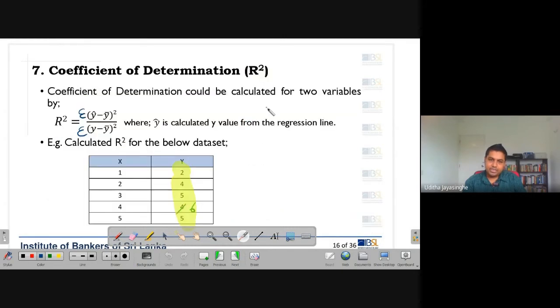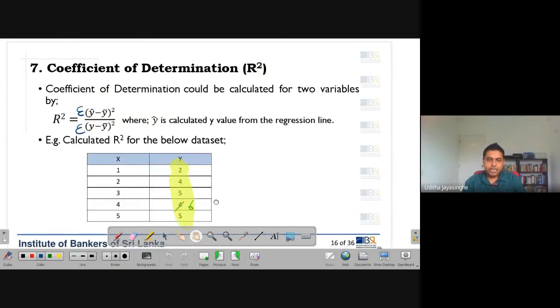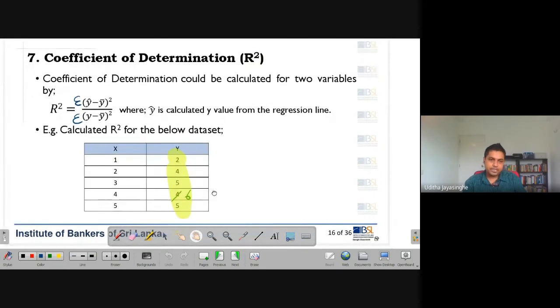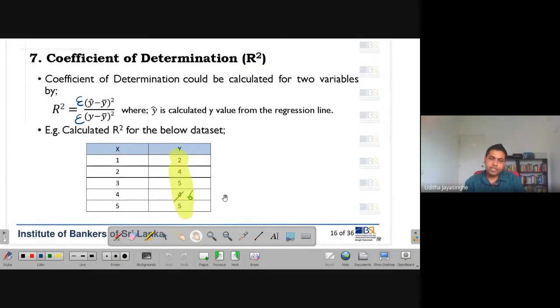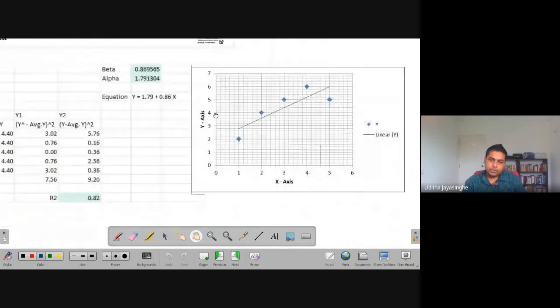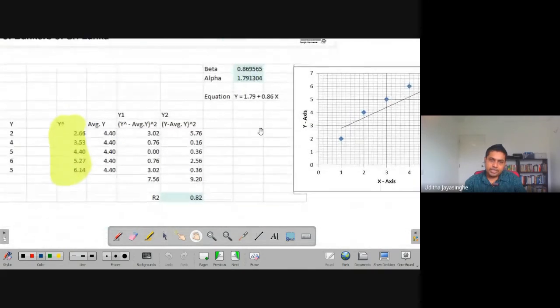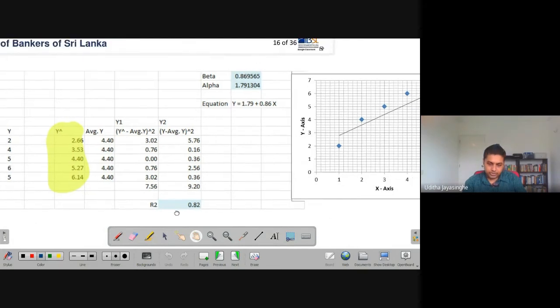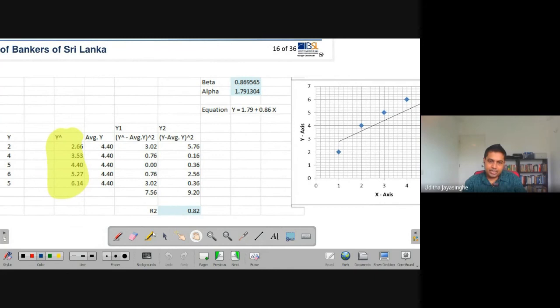But for completion's sake, I just want to show you how to calculate r square for simple linear, two variables, x and y. The same equation we used to calculate the beta and alpha, those values are being used here, and you can calculate the r square by simply calculating this y hat. Y hat is the only missing piece here.